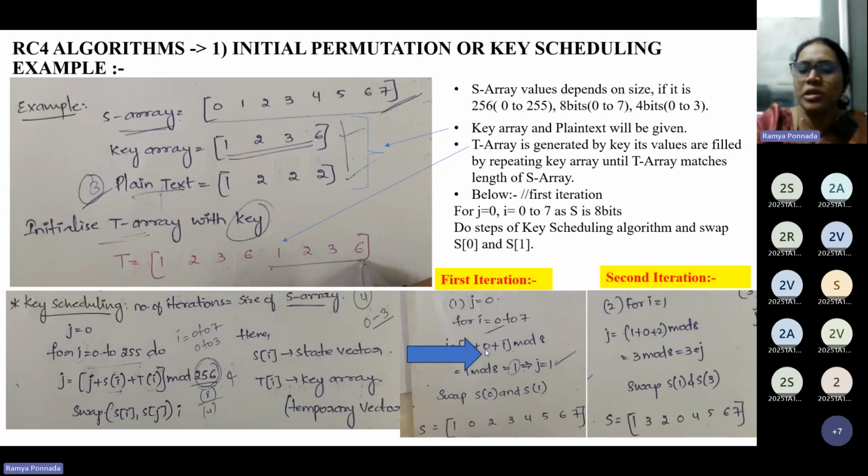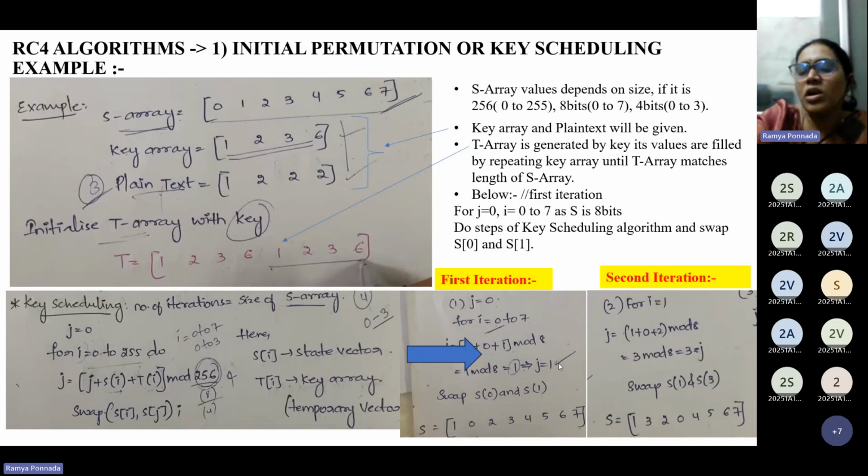Plus T of i, with i equal to 0: the temporary vector T of 0 is nothing but 1 here. So 0 plus 0 plus 1 is 1 mod 8. Any smaller number mod a greater number gives the same number, because it takes the remainder. So 1 mod 8 is 1.